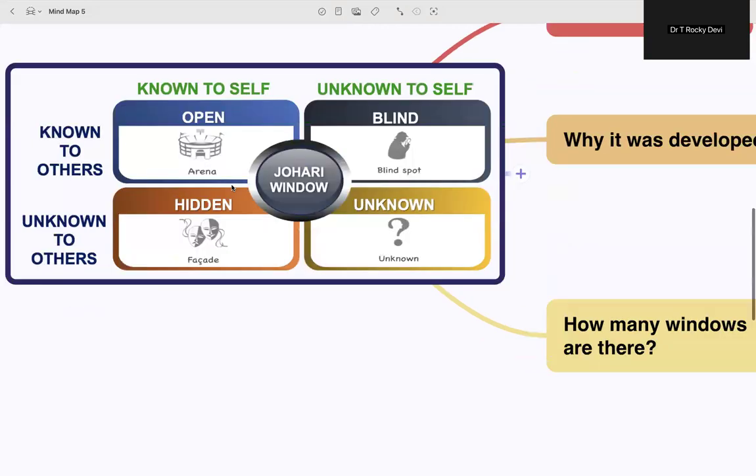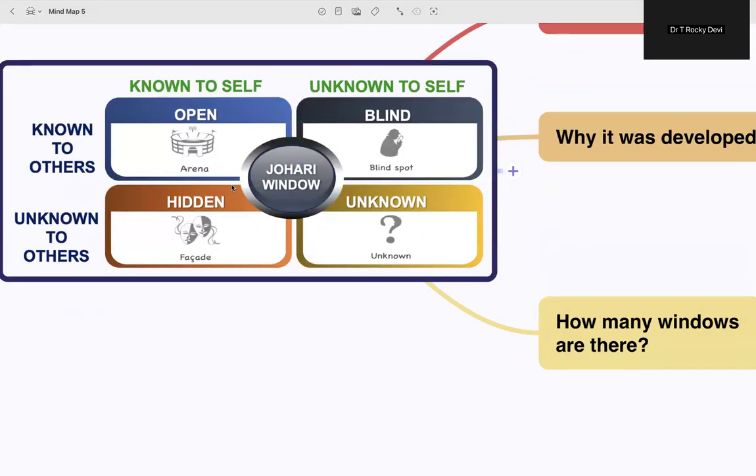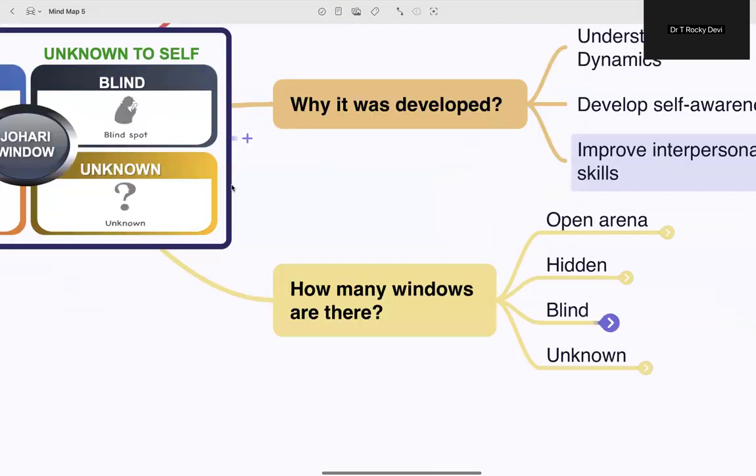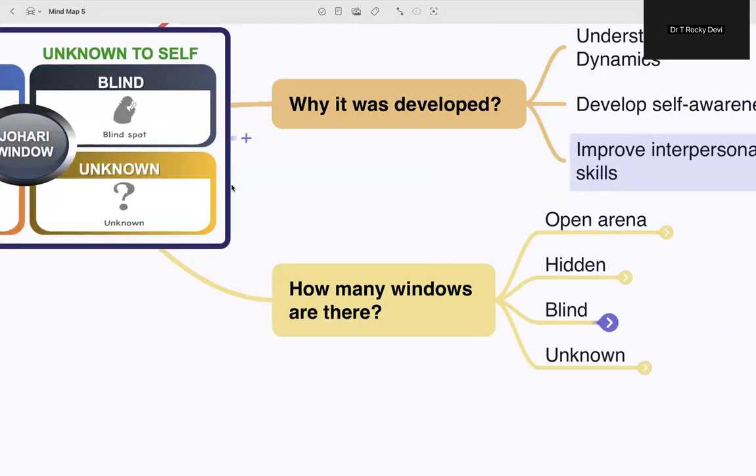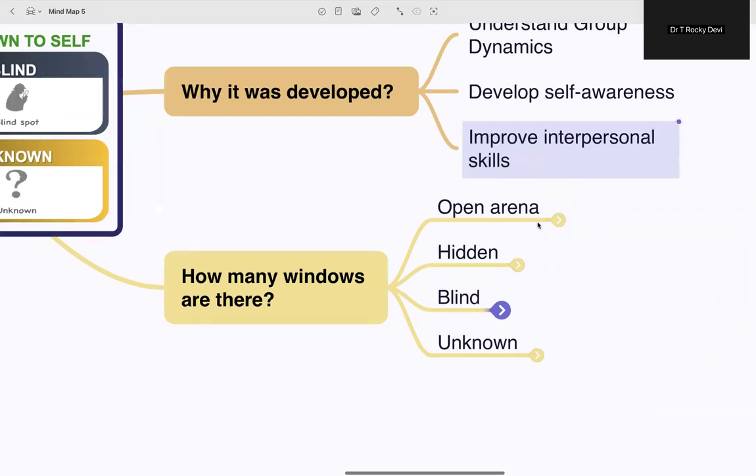Whatever personality or characteristics Mr. A knows about Mr. B, Mr. B gets to hear. And in that, there are certain characteristics of B which B himself knows are true, that yes, whatever A said is true. That is what you call an open arena.